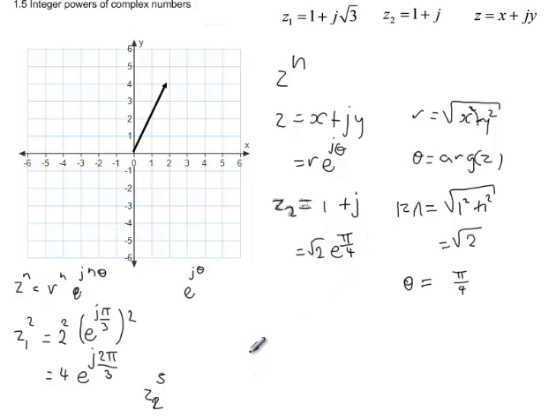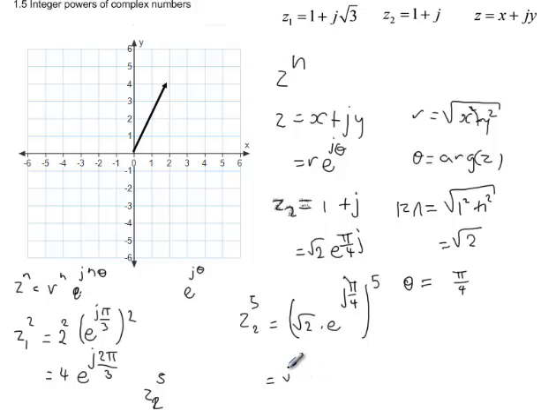We say to the power 5. So now Z2 to the power 5 is equal to square root of 2 multiplied by e. Oh, sorry, there's a j missing here. Do you see that? Okay, must correct that. It's j pi over 4, all that to the power 5. So you can simplify your power 5 here, apply it to square root of 2.